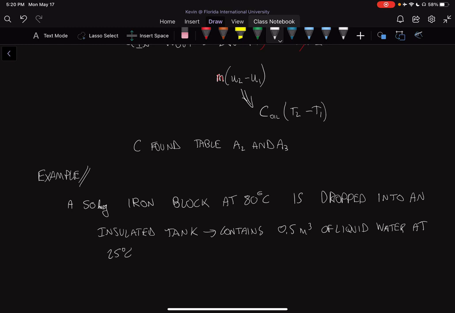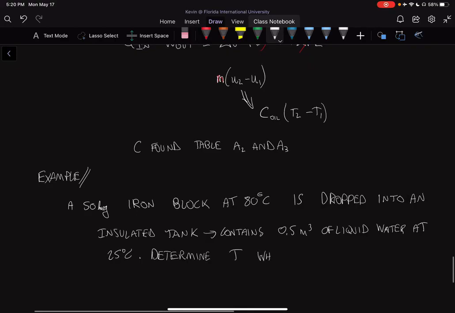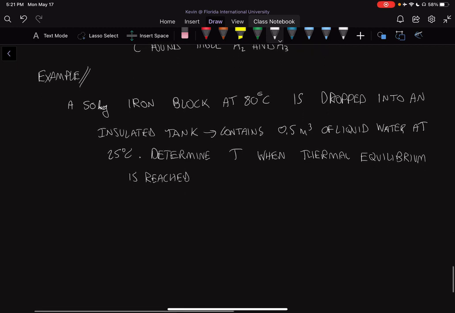And we're told to determine T, so the temperature when thermal equilibrium is reached. So we have to find temperature essentially at time 2.